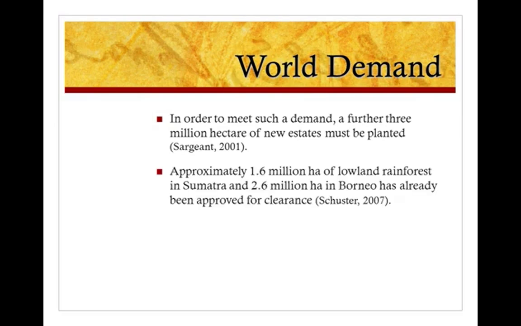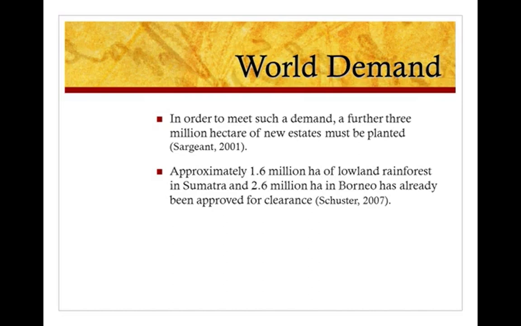Approximately 1.6 million hectares of lowland forest in Sumatra and 2.6 million in Borneo has already been approved for clearance. This is from 2007. Now, Sumatra and Borneo are rich with biodiversity. They're places that you might go if you were interested in kind of natural tourism. Borneo is home to the proboscis monkey and the orangutan.